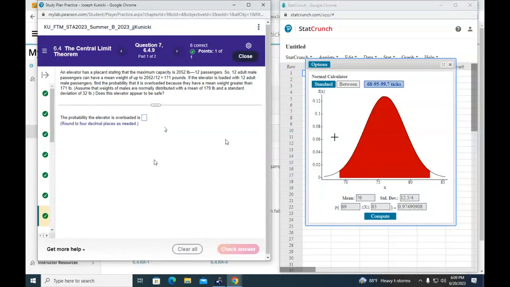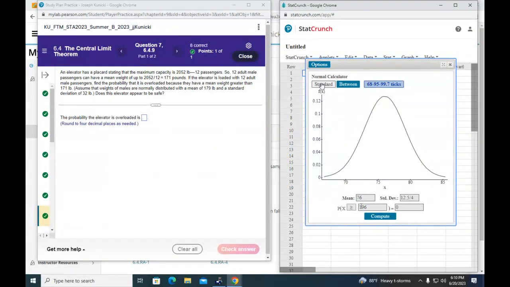An elevator has a placard stating that the maximum capacity is 2,052 pounds or 12 passengers. So if you divide, with 12 passengers, that's an average weight limit of 171. Okay? So if the elevator is loaded with 12 adult males, find the probability that it's overloaded because they have a mean weight greater than 171.